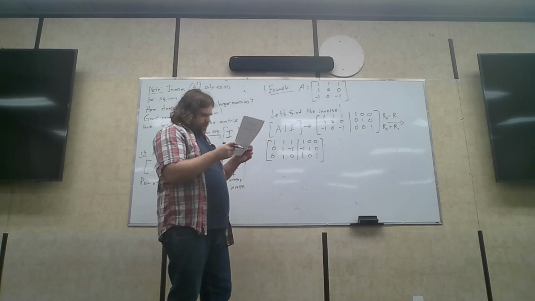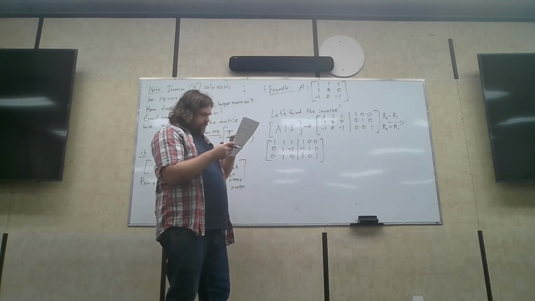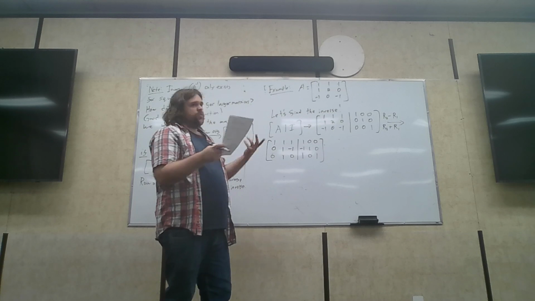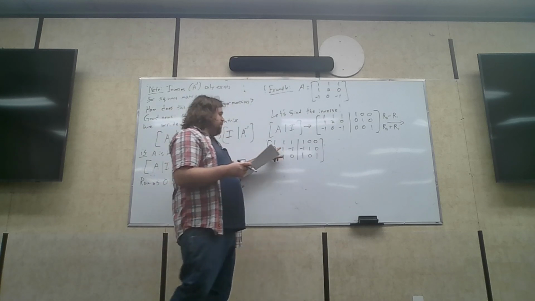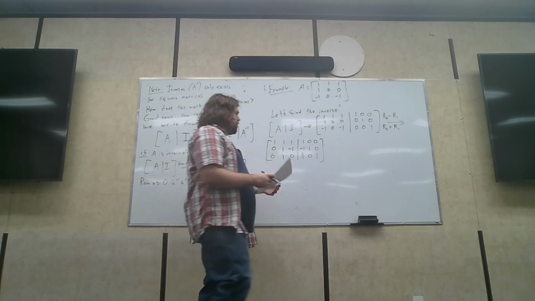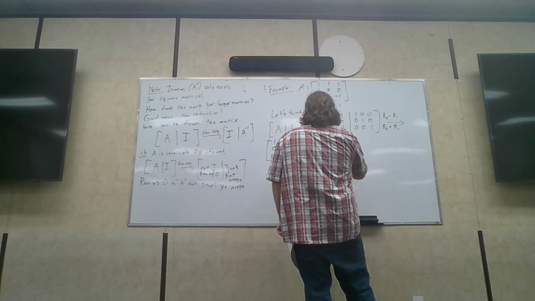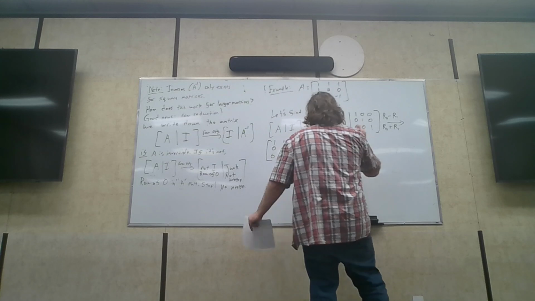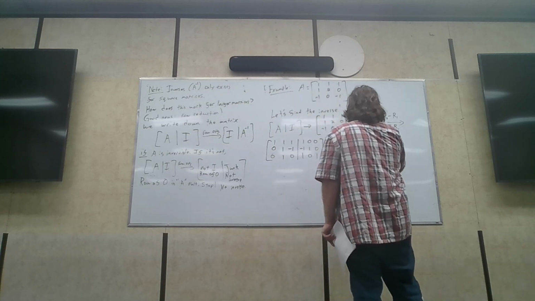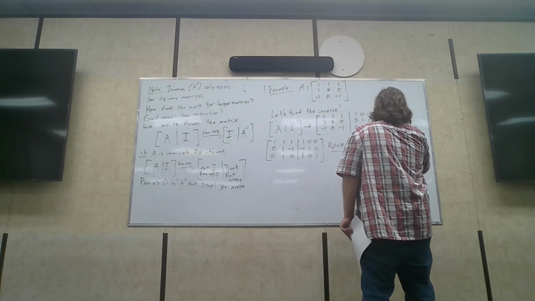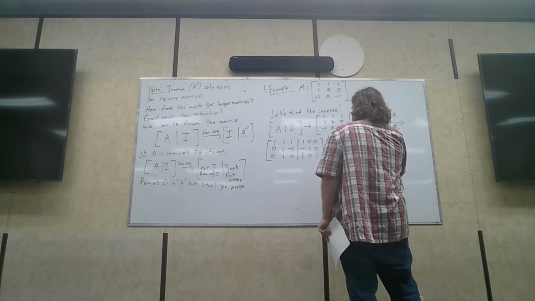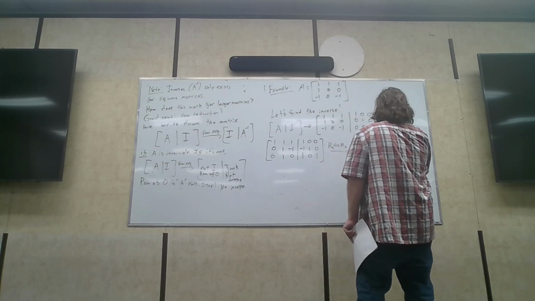In fact, what do I do in my notes? Do I do that swap? I don't. In my notes, I don't do the swap. I just keep going as natural. So let's try that swap so we get something different. Row 2 swap with row 3. Again, just to emphasize that there's lots of different ways to do it. 0, 0, 0, 1, 0, 1, 0, 1.